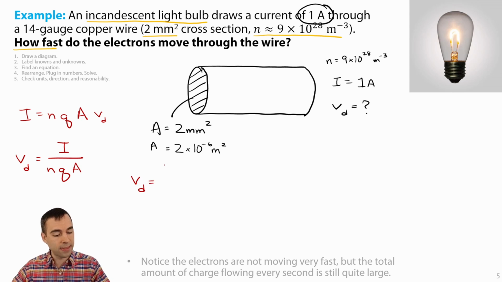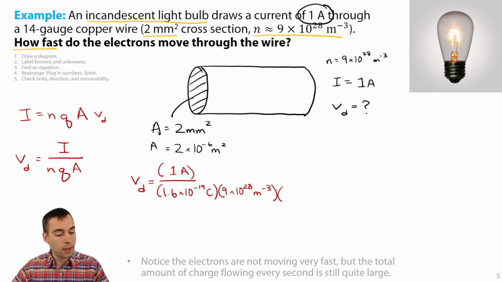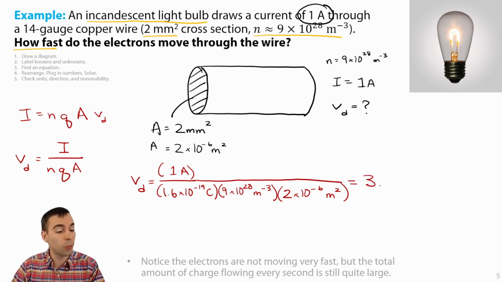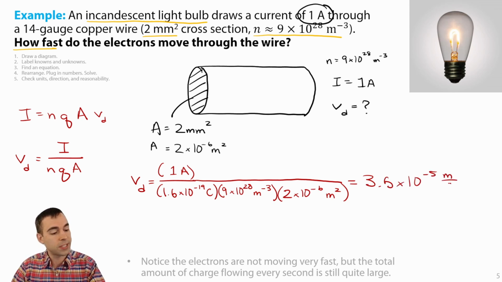If we write out the math there, we'll see that when we put 1 amp divided by the charge of an electron times the charge carrier concentration times the area, we end up getting a value of 3.5 times 10 to the negative 5th meters per second.